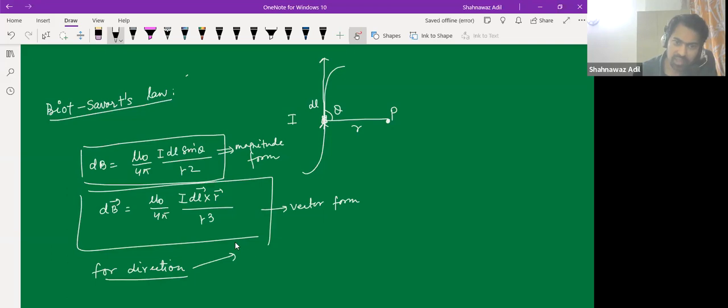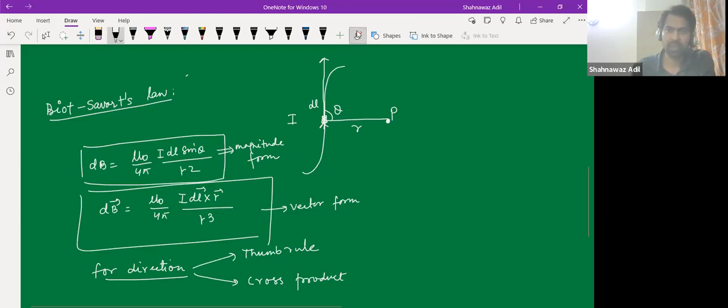One was this thumb rule, right? And the other was this cross product, right? For straight wires, we use the thumb rule. So what was the thumb rule?